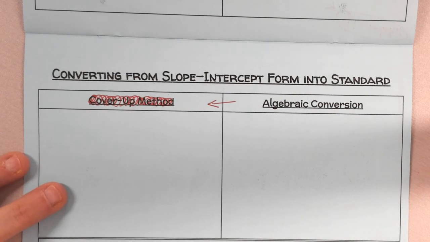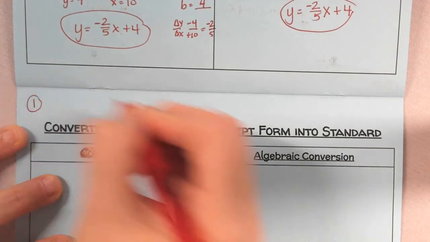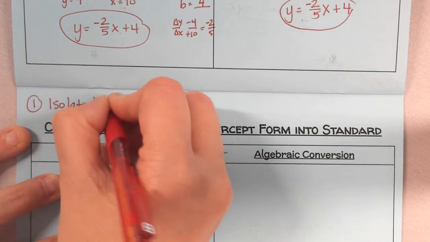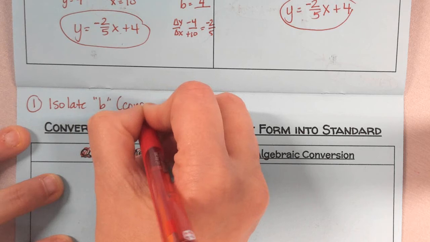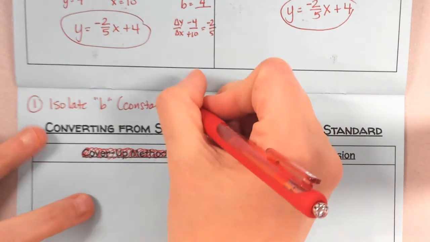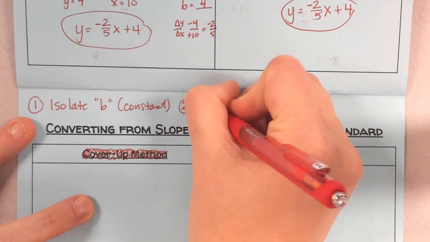There's 3 steps. Only one of them, 2 of them are kind of like if you have to. Okay. So step 1, you got to do every time. You have to isolate b, which is my constant. So my b in mx plus b. Okay, step 2, we're going to multiply by the denominator.